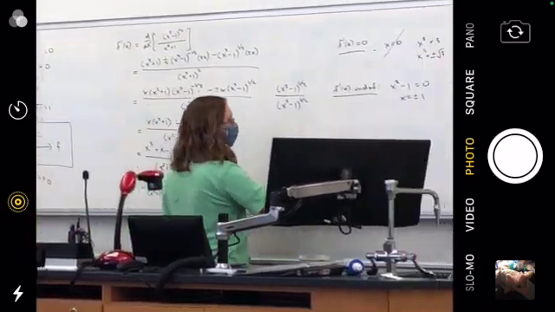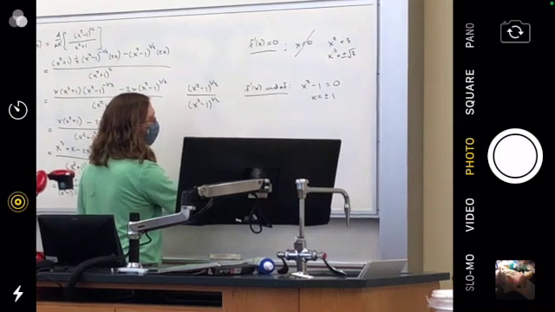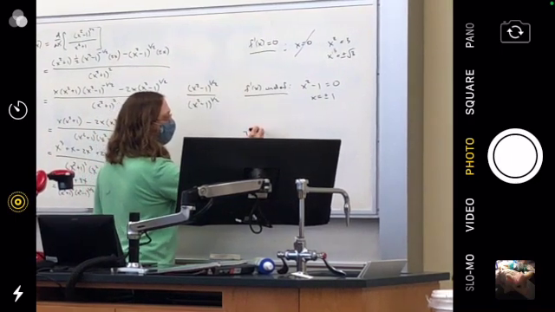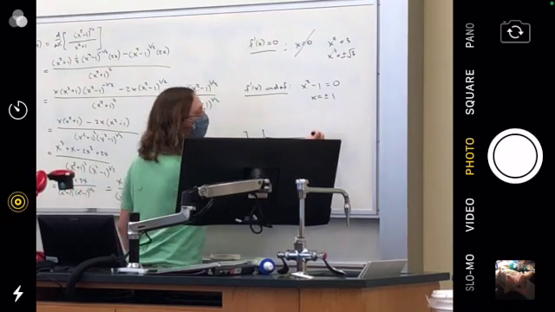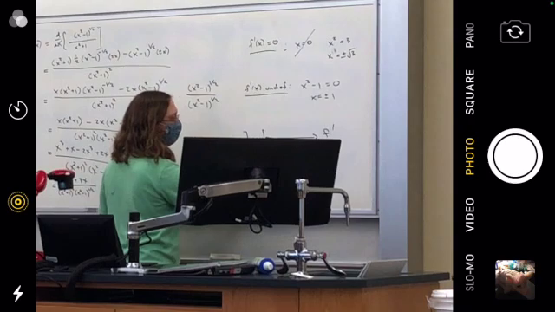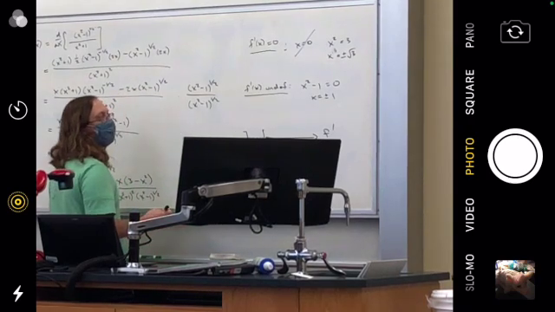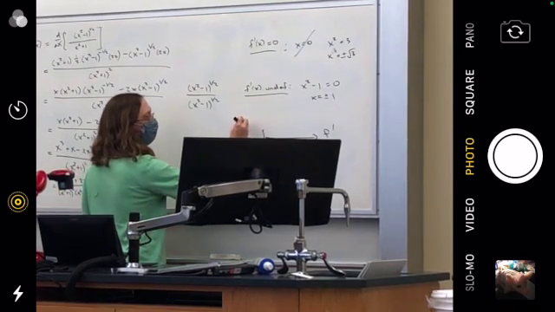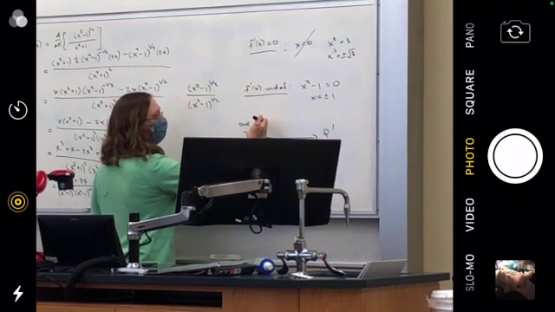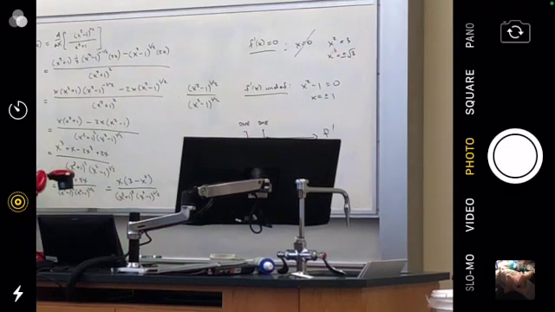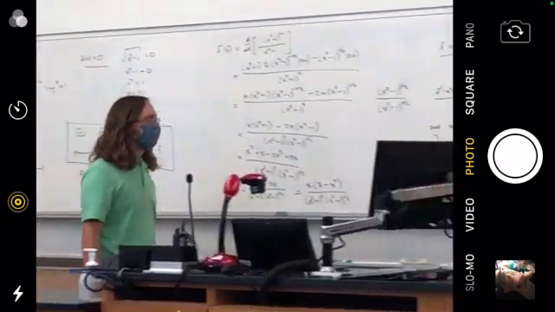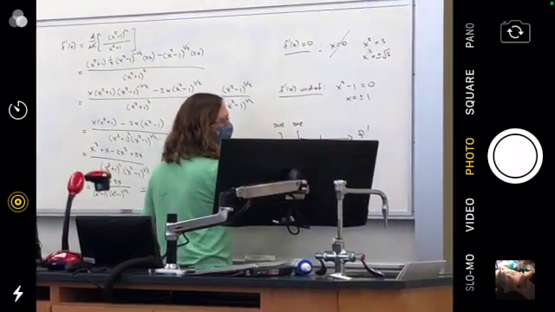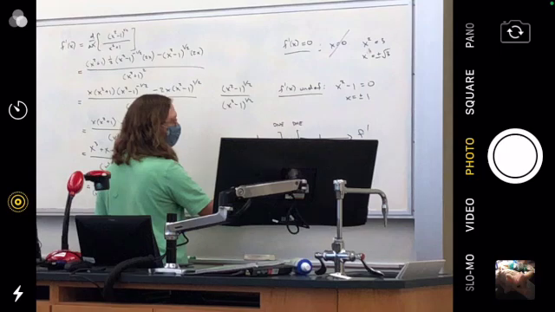Alright, so now I can draw a number line here. For f prime, there's negative 1 and 1. At these two numbers, my value does not exist, right? And then what are the other numbers that matter? Plus square root of 3, minus square root of 3.